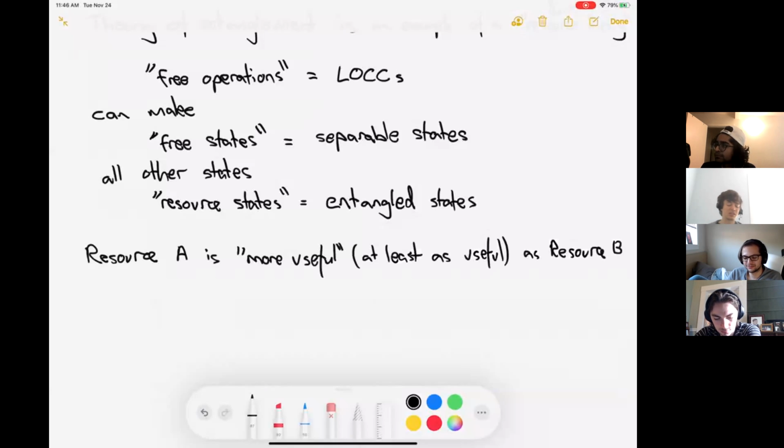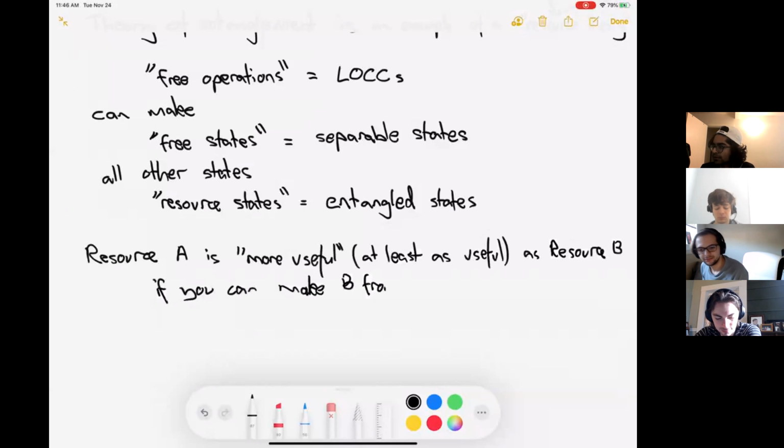So entangled state A is at least as useful as entangled state B if you can make B from A using free operations.